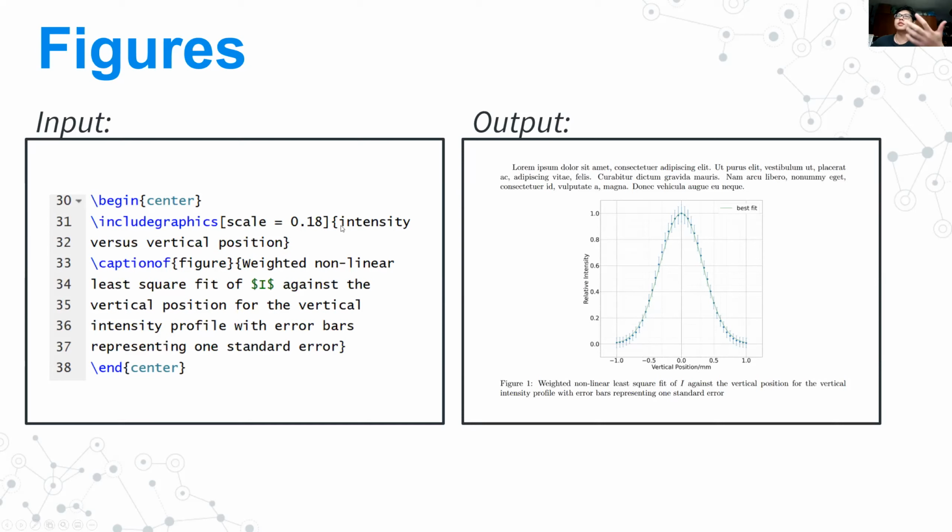In this case, my picture is intensity versus vertical position dot png, so I just put intensity versus vertical position. The good thing about LaTeX is you don't need to specify the file type. You can if you want to, but you don't have to. LaTeX will run through all the files and see whichever corresponds to it.